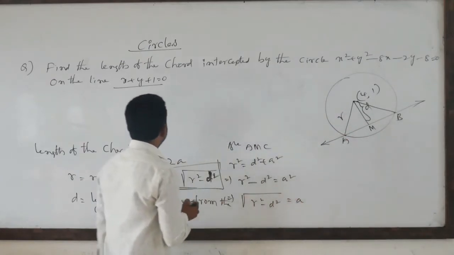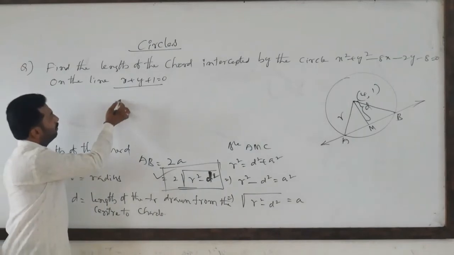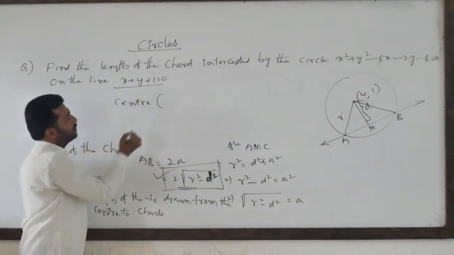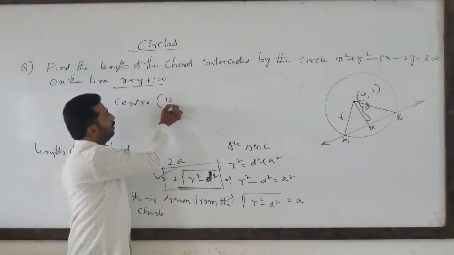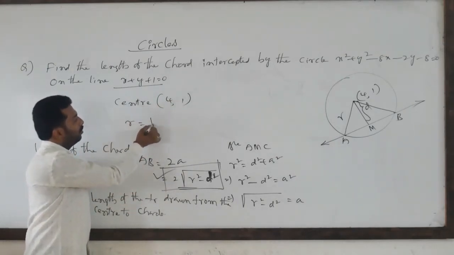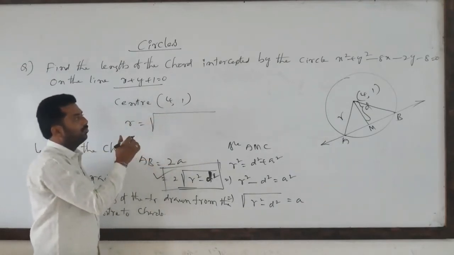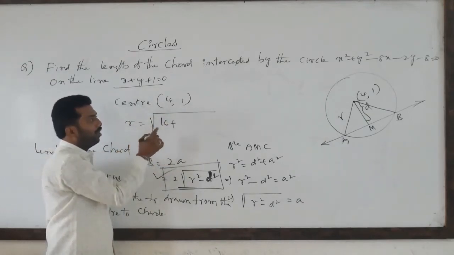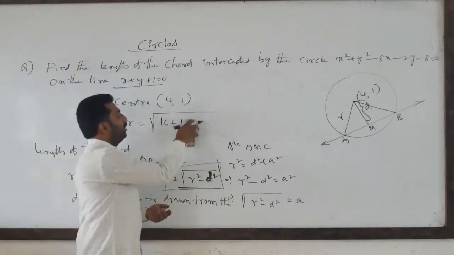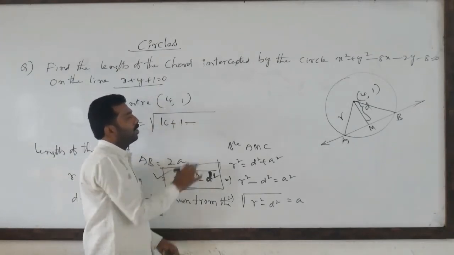Now you tell me, what is the center of the circle? Nothing but 4, 1. Radius r equal to root of x coefficient by 2 whole square, plus y coefficient by 2 whole square, minus constant term.